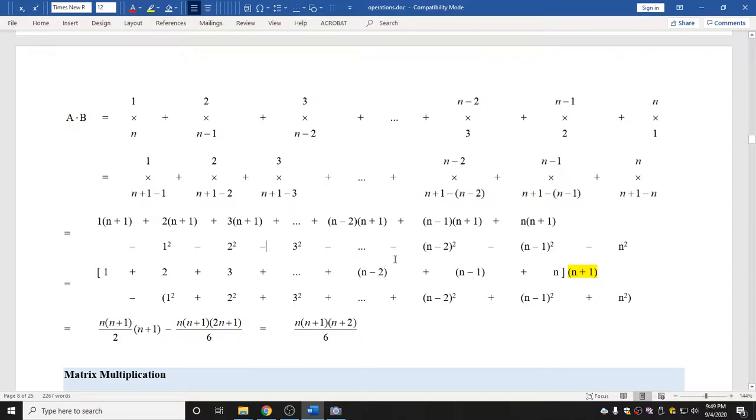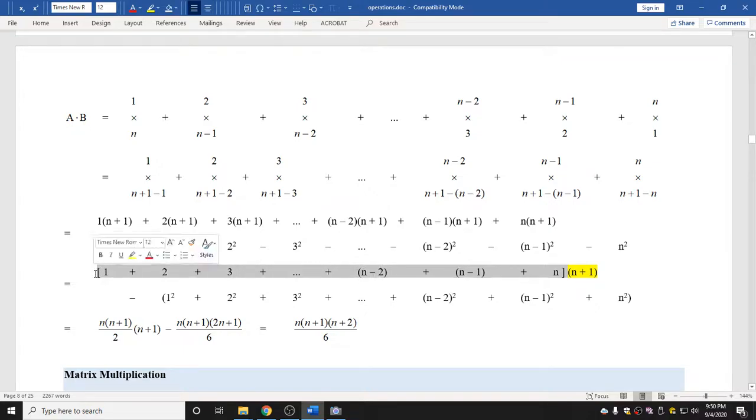Now, if you think back to a previous algebra course, like pre-calculus algebra, you will remember that the sum 1 plus 2 plus 3 plus ... plus n has a formula, n times (n plus 1) over 2. So you end up with this n plus 1, times whatever this gives you, which is n times (n plus 1) over 2.